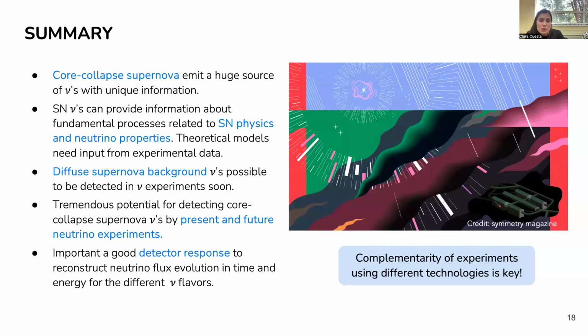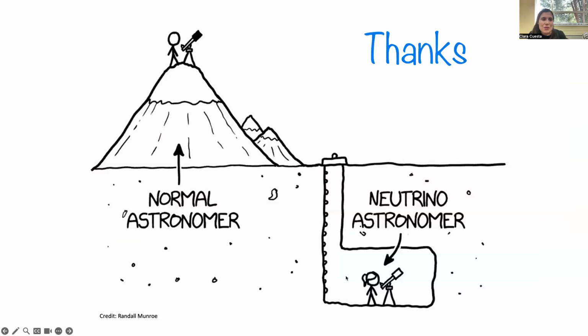There's a tremendous potential for detecting core collapse supernova neutrinos by present and future experiments. The complementarity among them maximizes the information we can obtain, and it is important to have a good detector response to reconstruct the neutrino flux evolution in time and energy for the different neutrino flavors. And thank you very much for your attention.